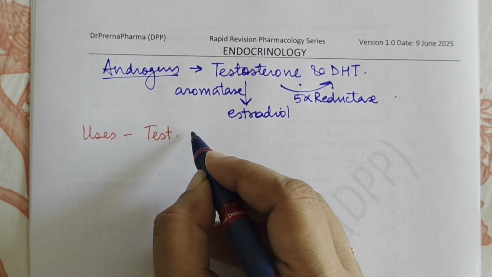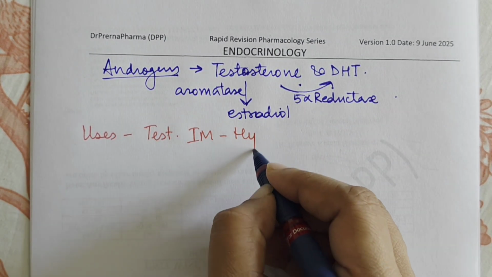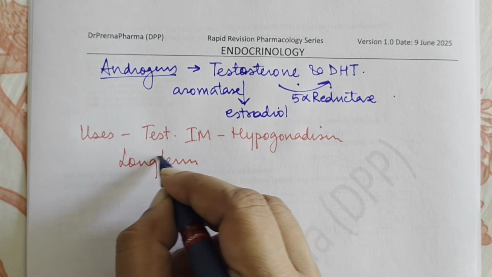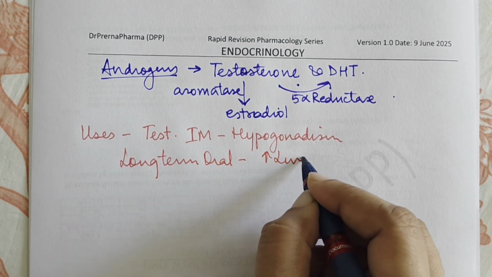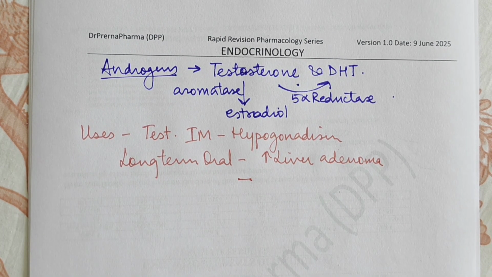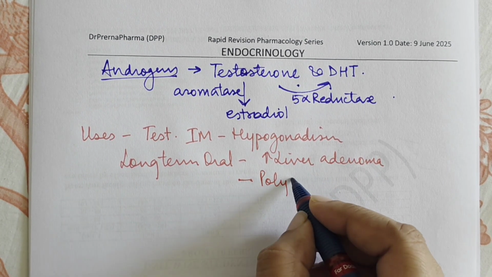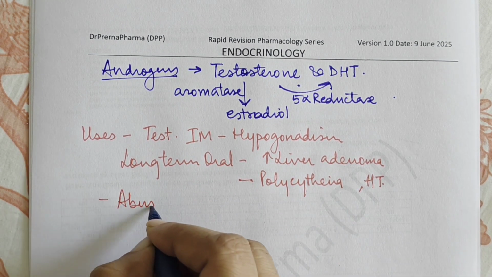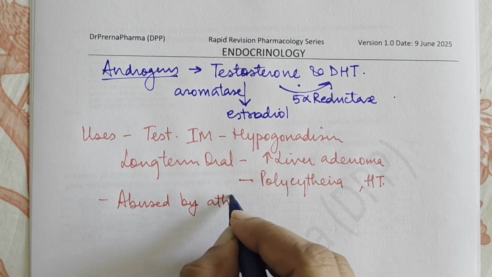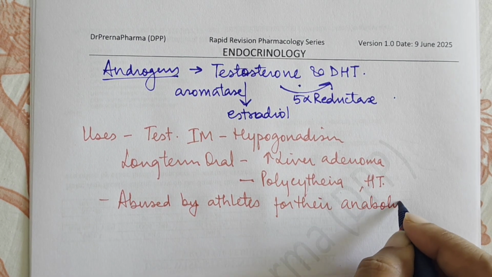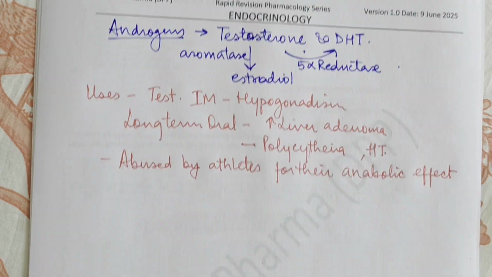Testosterone as such, intramuscularly, is used in hypogonadism. Long term, if taken orally, it can result in increased liver adenoma. It can also cause polycythemia, hypertension. Then it is abused by athletes for its anabolic effect, right?